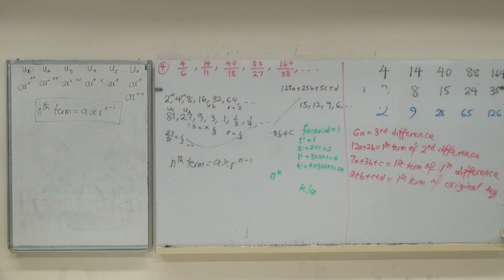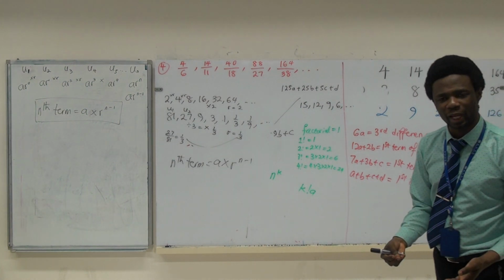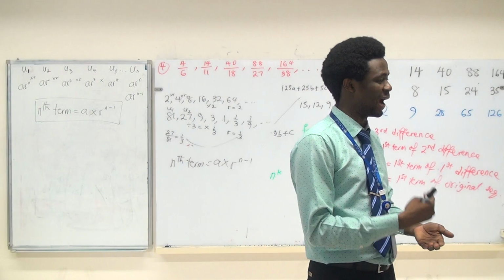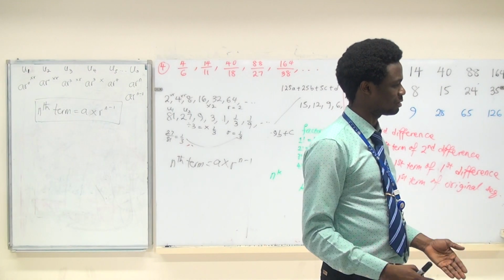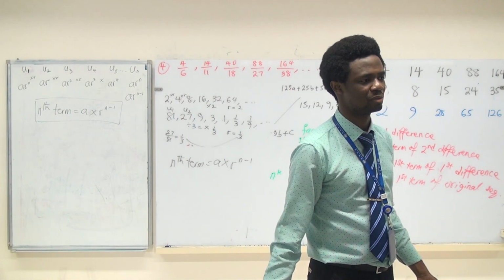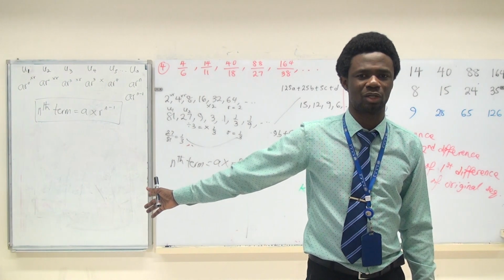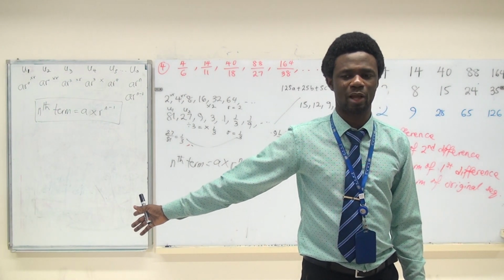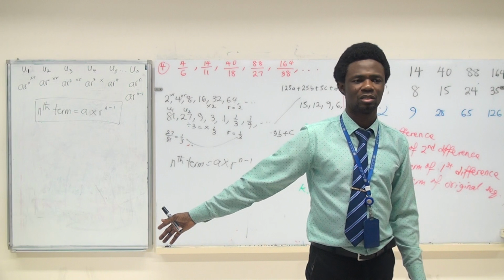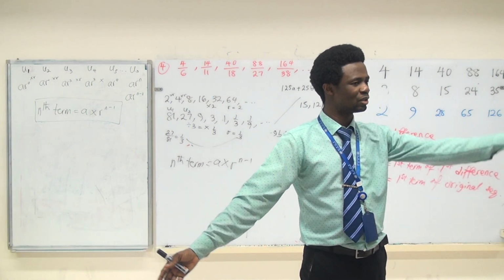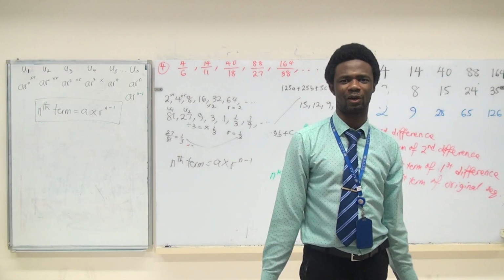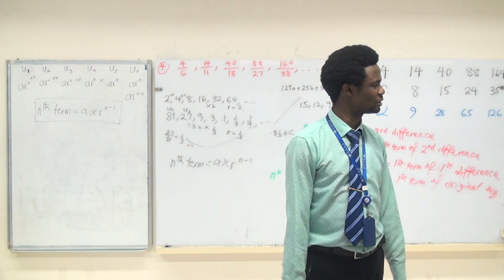Can we please speak with confidence? What are the two things you need to figure out to find your nth term? A and R. That's it. In fact, A is the easiest one. Why did I say A is the easiest one? It's the first term. If you look at the sequence, there's always a first number.